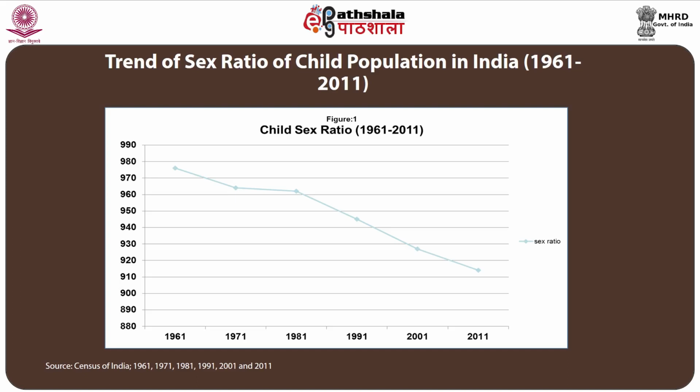It has further declined in 2011, meaning there has been a continuous decline in the child sex ratio in the country, despite the fact that the overall sex ratio has indicated an increase during the last decade.